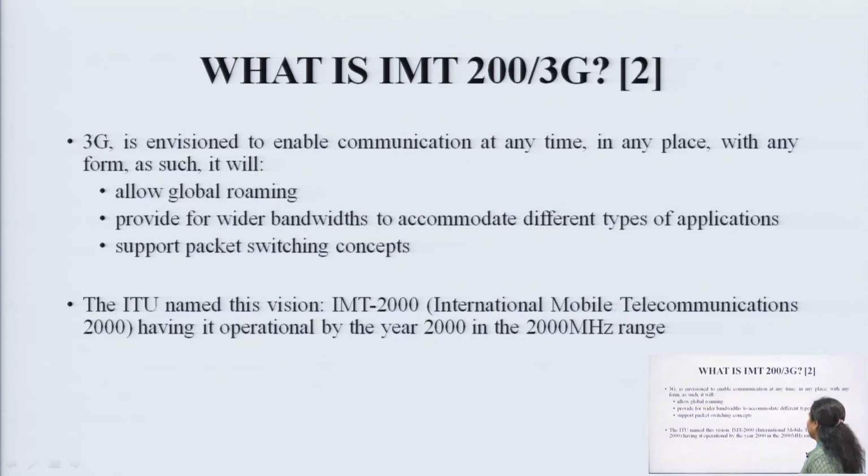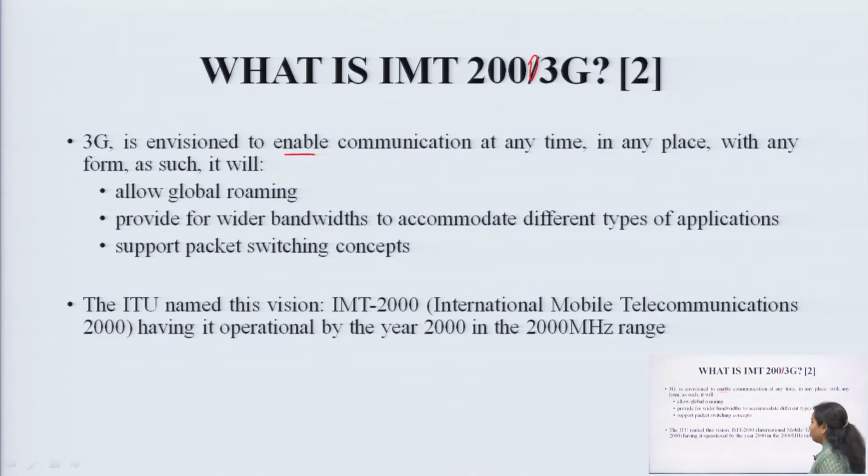Now, we will see what IMT-2000 is and what this 3G technology is. 3G is envisioned to enable communication at any time, in any place, in any form. As such, it allows global roaming. As I said in the first slide also, IMT-2000 is providing connectivity anytime and anywhere, based on the third generation.